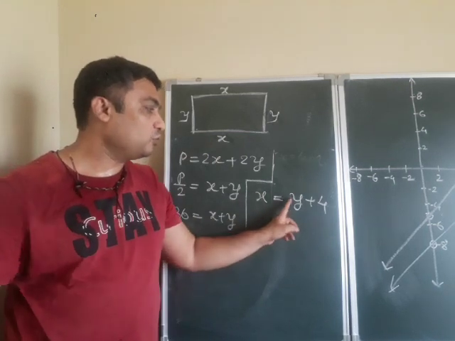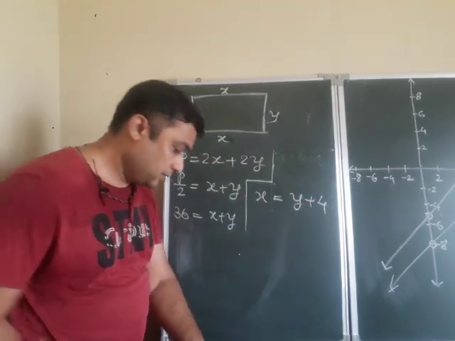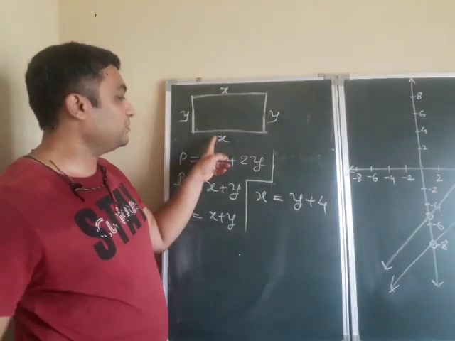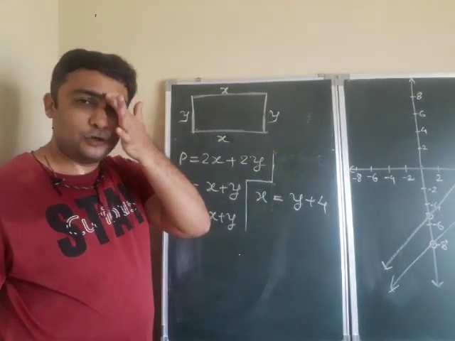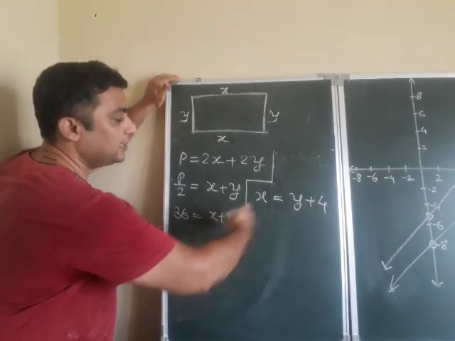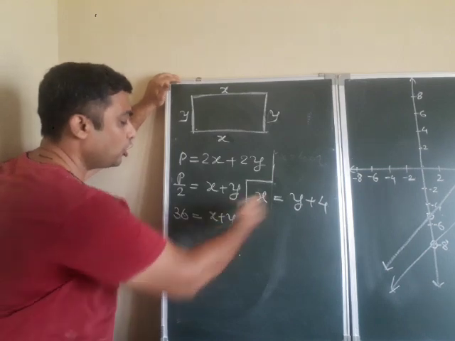So x is equal to y plus 4. Clear? Okay. Find the dimension of the garden. Value of x and value of y. Clear? चलिए ready? Find the dimension of the garden. It means solve this equation.